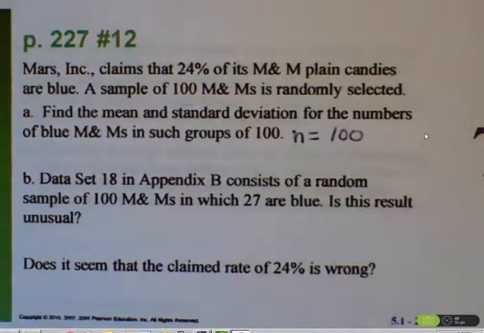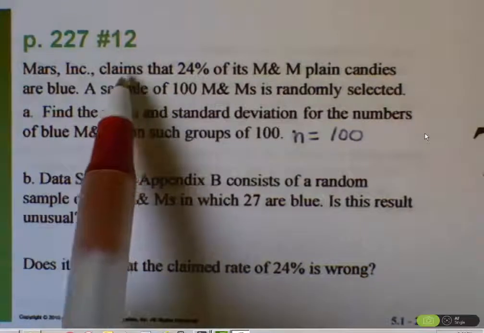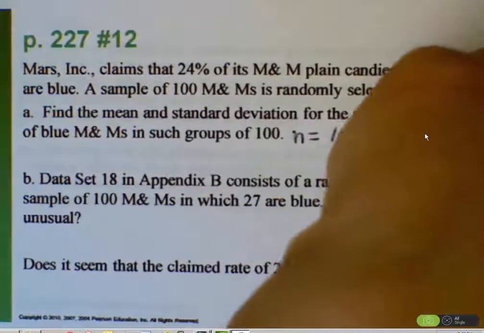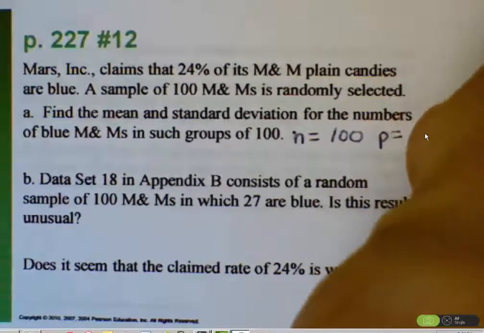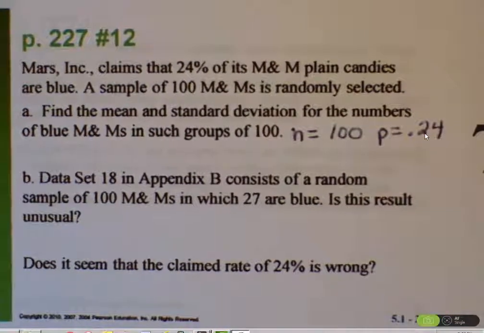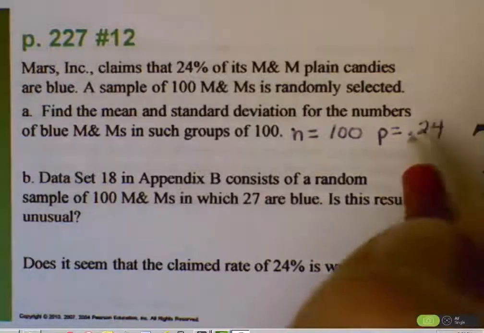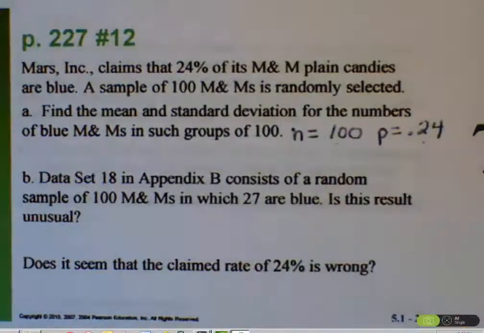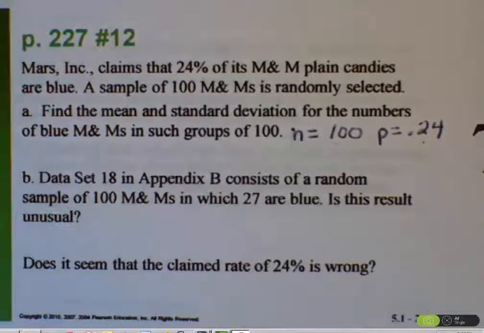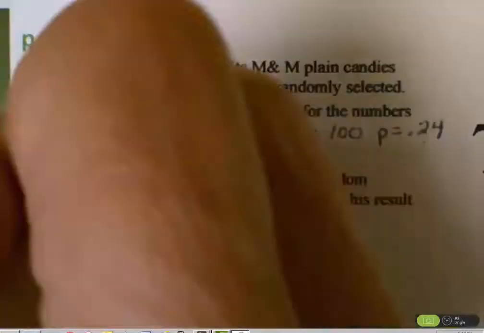Well, we're given that the sample size is 100, and Mars says the probability that any individual M&M is blue is 0.24. So if I just said, how many blue M&Ms are you expecting? You could say 24% of 100 is 24. In a group of 100 M&Ms, I'd expect 24 of them to be blue. That's just really the definition of percent.